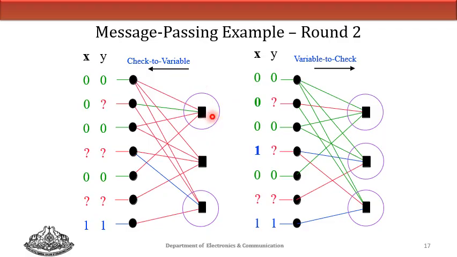So this first check node, since all other connections have got values, can easily send the sum of all other values towards a particular variable node. That will obviously be 0 because here are already known values. Here also we have computed in round one. Here also 0 known value. Here also 0.